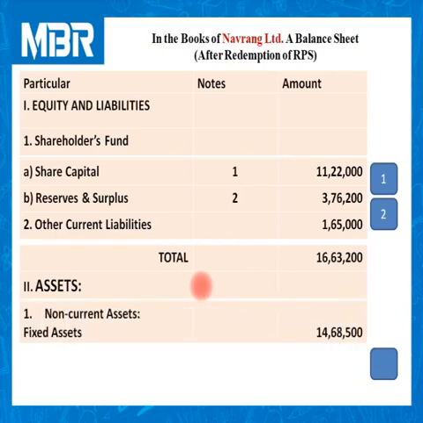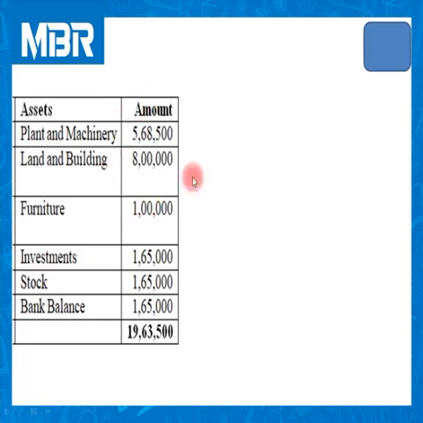Let us move towards the second part of our balance sheet. It is related to assets. The first asset we need to insert is related to fixed assets, and the amount of fixed assets is 14,68,500, and the amount for current assets is 1,94,700. Let us check this calculation first.